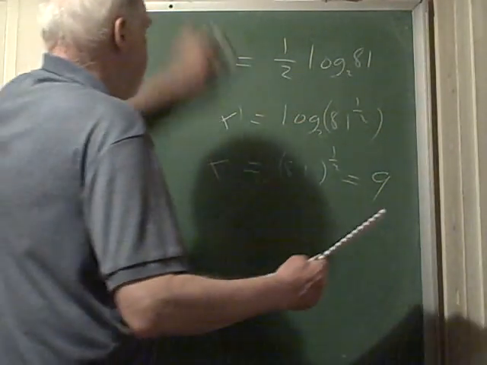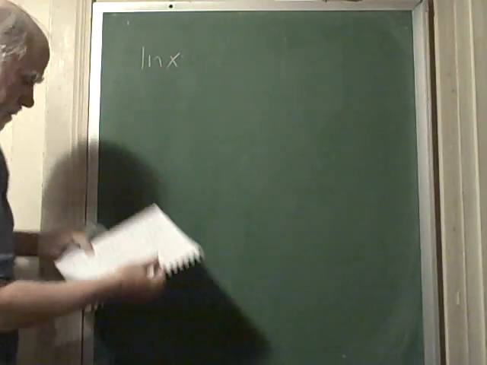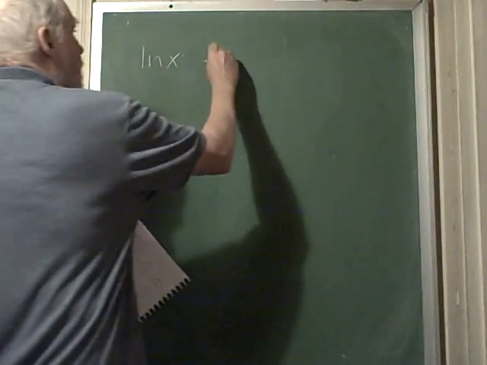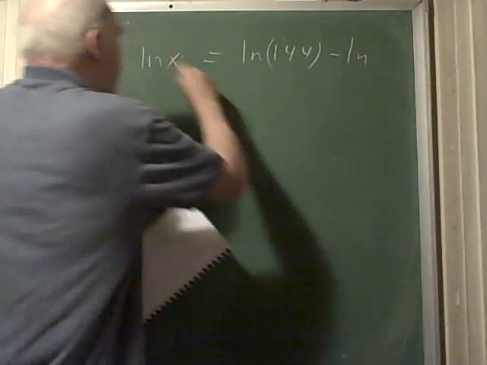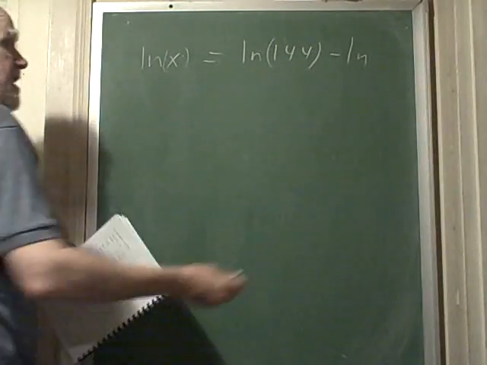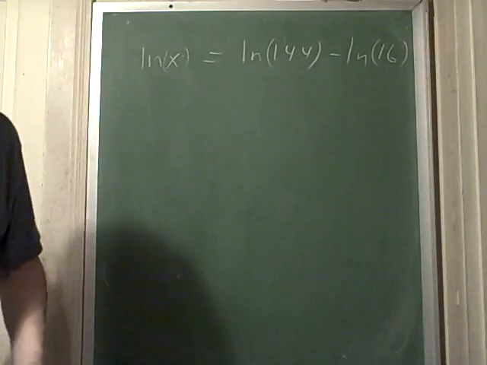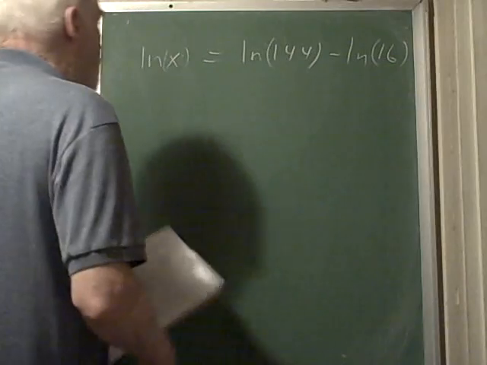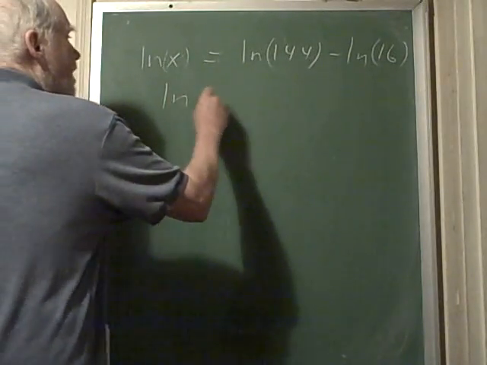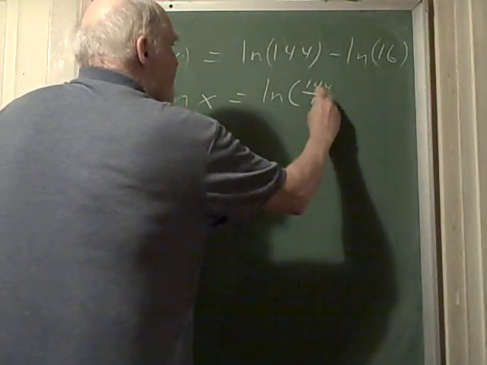Okay, here's another one. ln x equals ln 144 minus ln, I may as well put parentheses here, it doesn't matter though, 16. Okay, now we have neither situation where we can eliminate logarithms, but if we use property 2, we can change this into one logarithm, and I can write the log of x equals the log of 144 over 16.